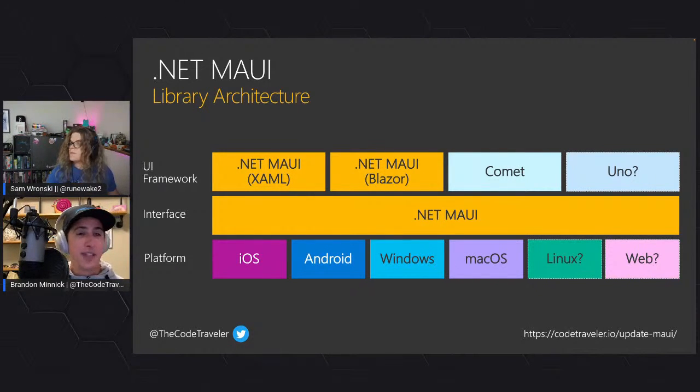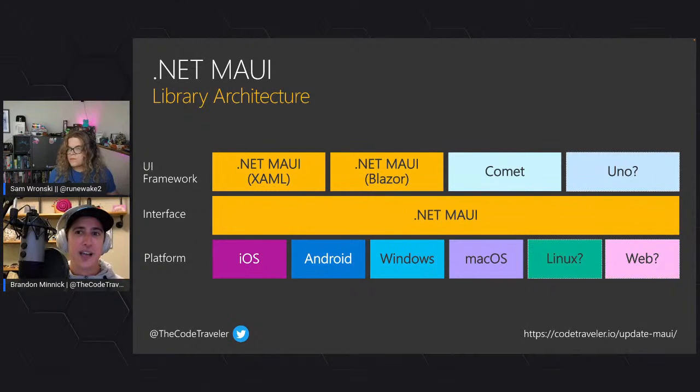So if they wanted to, they could update the Uno platform to leverage all the work that .NET MAUI does in creating iOS, Android, macOS, and Windows apps, and they could probably remove a lot of code from their existing UI framework. So this new architecture is really cool. It's really exciting.